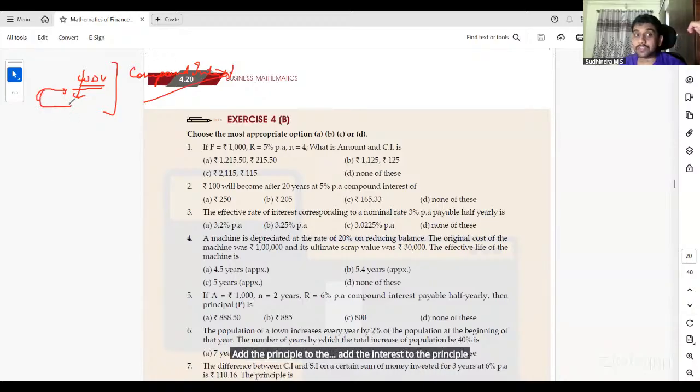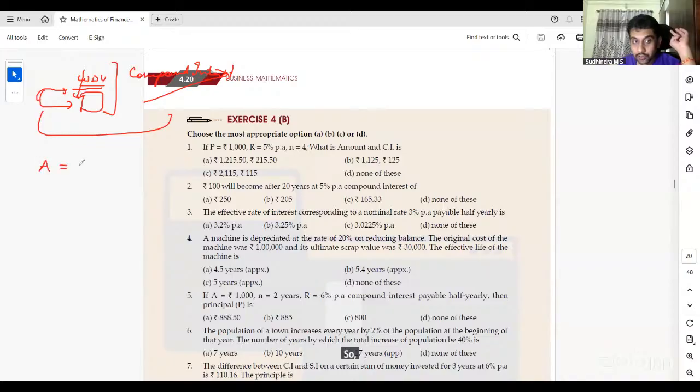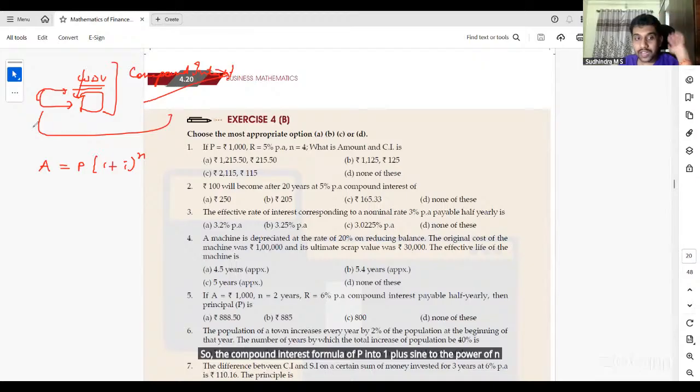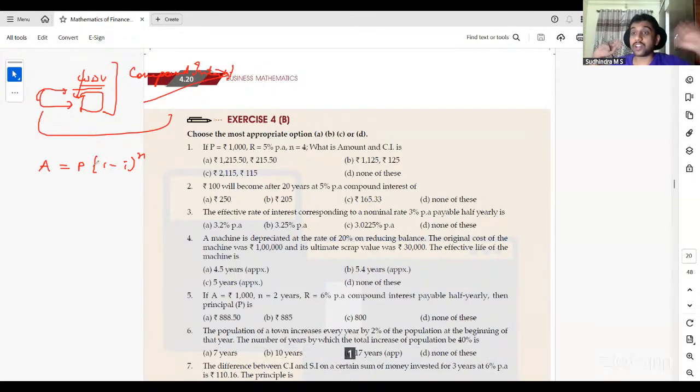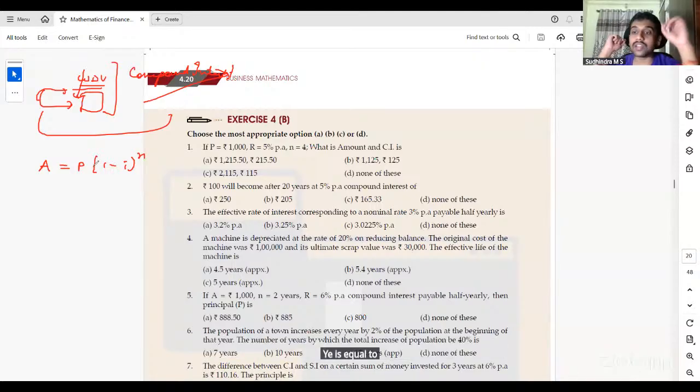Here we reduce the depreciation from the value. So the compound interest formula of P into 1 plus I to the power of n should be modified a little by considering 1 minus I to the power of n. That is the formula for depreciation under WDV method. A is equal to P into 1 minus I to the power n.